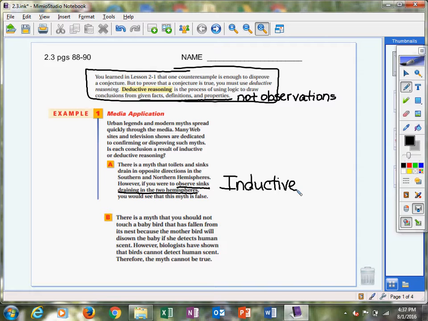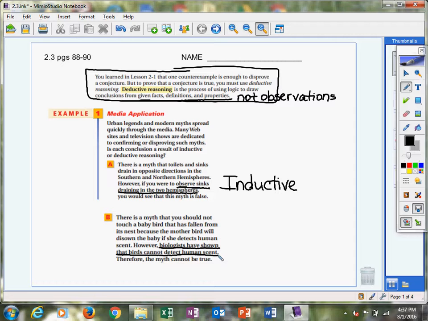Let's read our second one. There's a myth that you should not touch a baby bird that has fallen from its nest because the mother bird will disown the baby if she detects human scent. However, biologists have shown that birds cannot detect human scent. Therefore, the myth cannot be true. So here's our key wording here: biologists have shown that the birds cannot detect human scent.